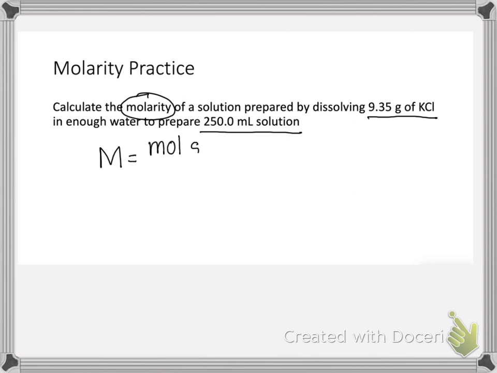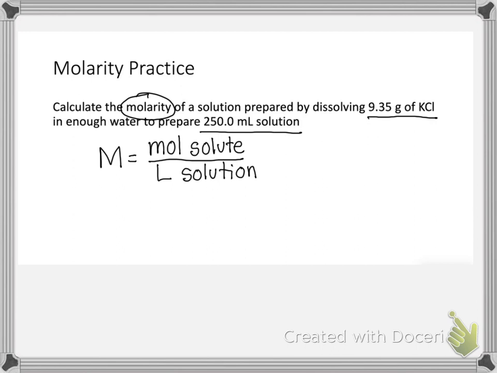So it's going to be the moles of the solute over the liters of solution. Now, on occasion, they will give you moles and or liters, and then you would just plug it in. But it's very common for you not to have units of moles and liters initially, but to have grams and milliliters.